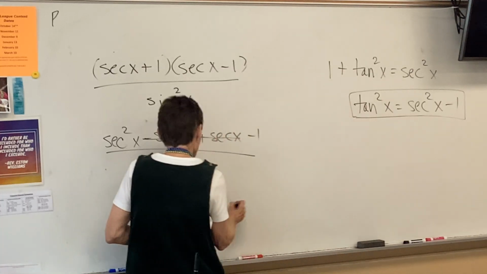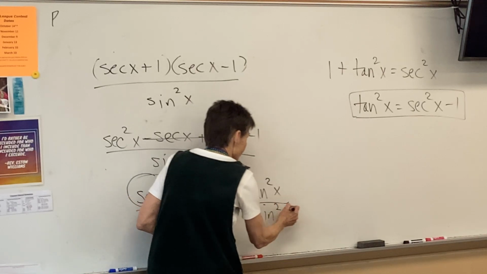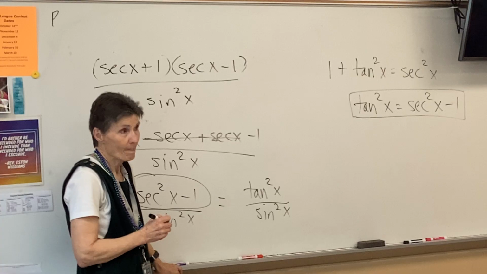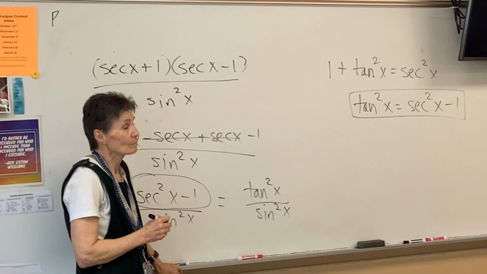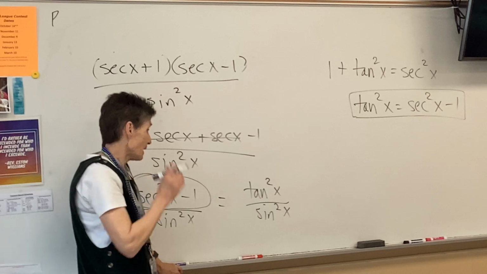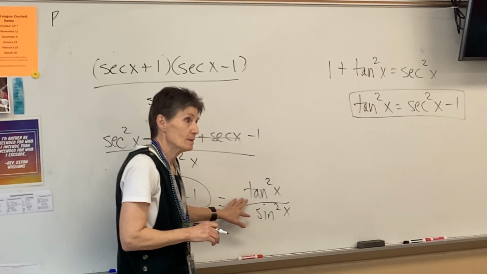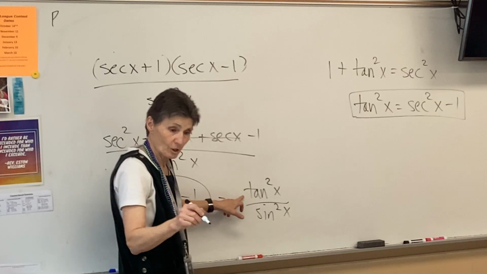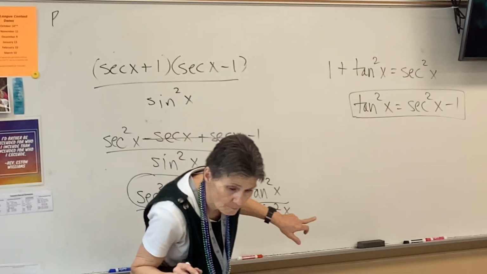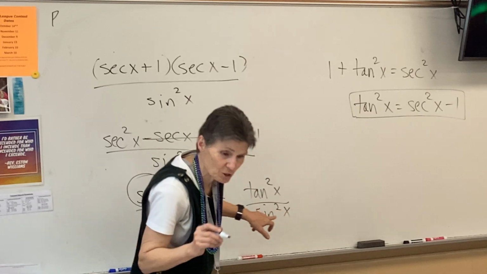So I'm going to write that as tangent squared over sine squared. Would you agree with that? Now, that's a division problem, right? What is tangent? Look on your sheet. I didn't add it on there, but you can.